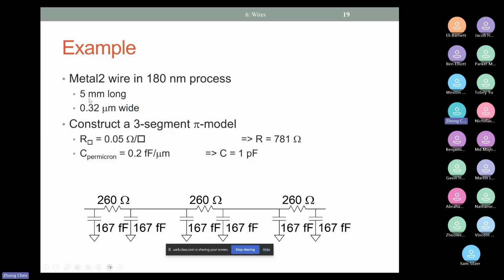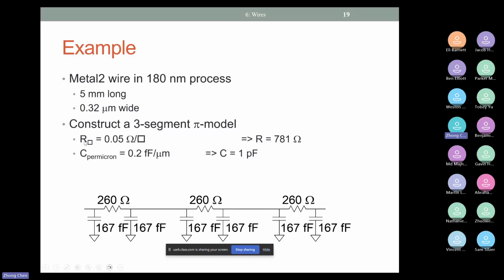You take the total length divided by the width to get the number of squares, and then the number of squares times 0.05 gives you the resistance in ohms. Once you have the resistance value, you break it into 3 portions and build the 3-segment pi model for the resistor.